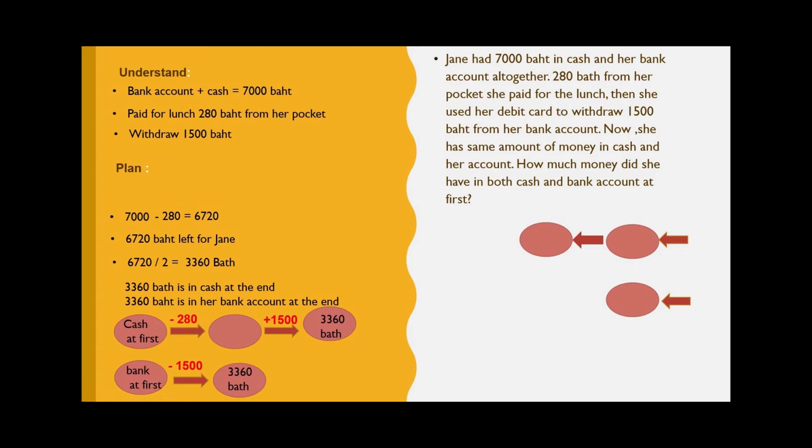So the money she has at first minus 280 baht that she paid for lunch from her pocket plus 1,500 baht that she withdrew from her bank and put in her pocket, she has now 3,360. So if we want to find how much money she had in her pocket at first, we have to move backward. I give you 2 minutes to solve this problem.